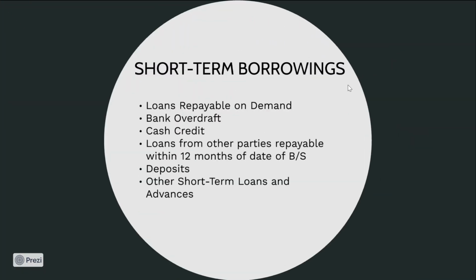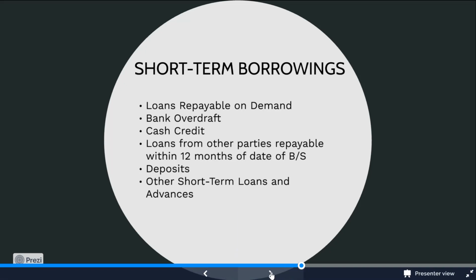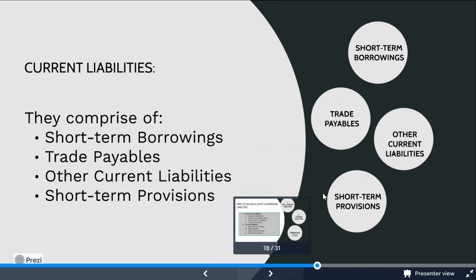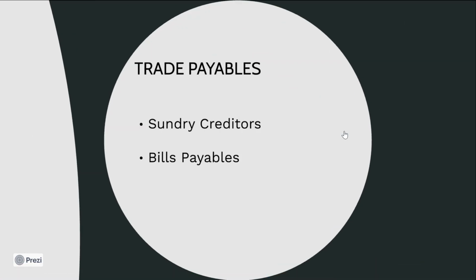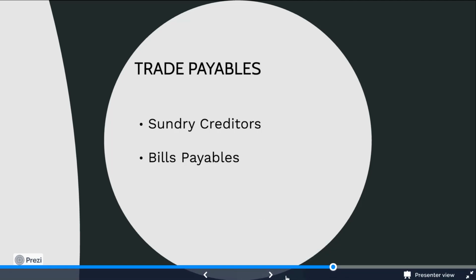The following come under this head: loans repayable on demand, bank overdraft, cash credit, loans from other parties repayable within 12 months of the date of the balance sheet, deposits and other short-term loans and advances. We'll move on to trade payables. The two items which come under this head are sundry creditors and bills payable.